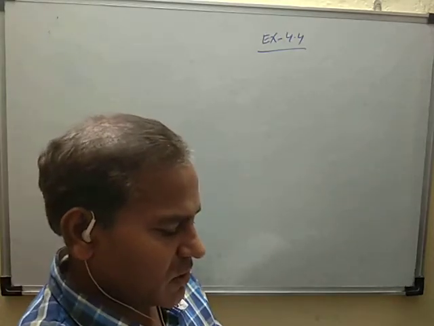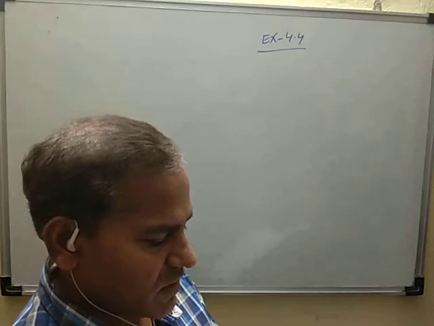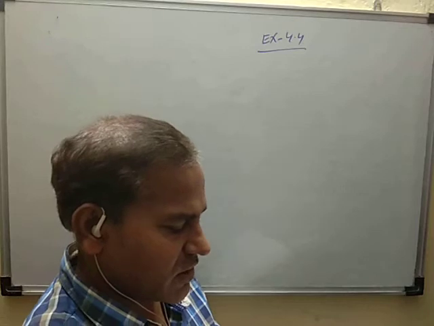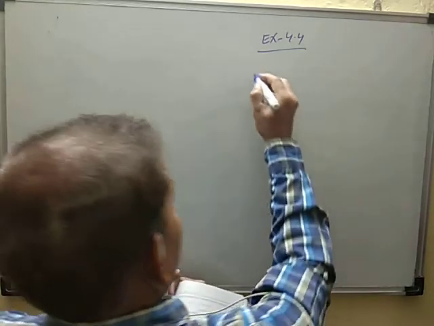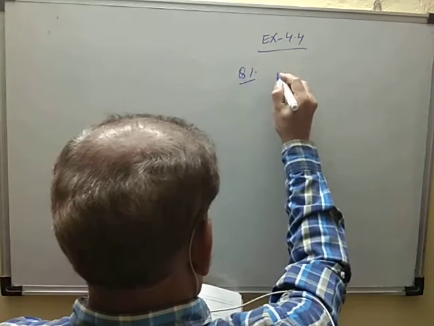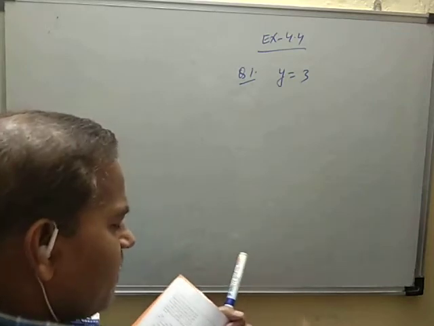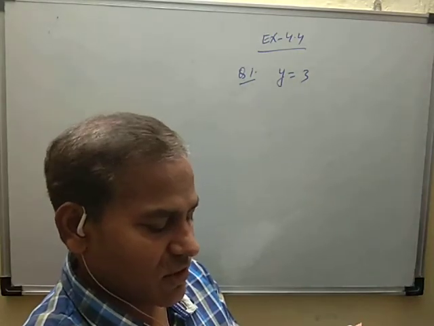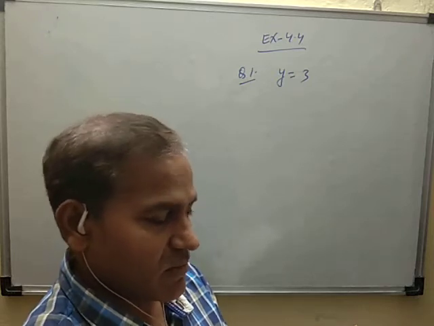Give the geometric representation of y is equal to 3 as an equation first in one variable. Question number 1, equation is given y is equal to 3. Give the geometric representation of y is equal to 3 as an equation in one variable.